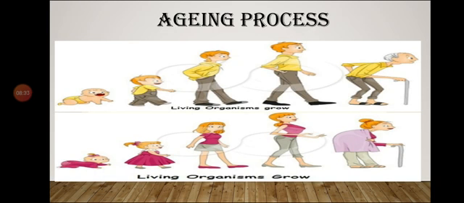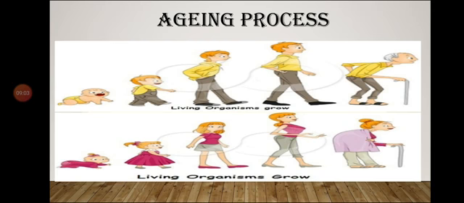The next is the aging process. You can see in this diagram that initially there is a small child, then the child grows, becomes a small boy, then a young person, then a middle-aged person, and finally the person becomes old. This process is known as the aging process.